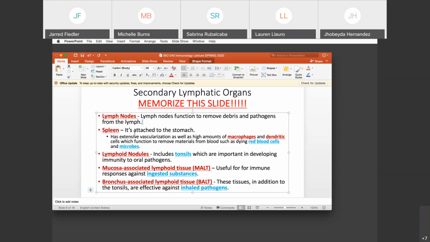They also phagocytose dead cells, because you don't want to leave dead cells floating around your body. You want to get rid of them. So macrophages phagocytize those dead cells and break them down with the various enzymes inside them.